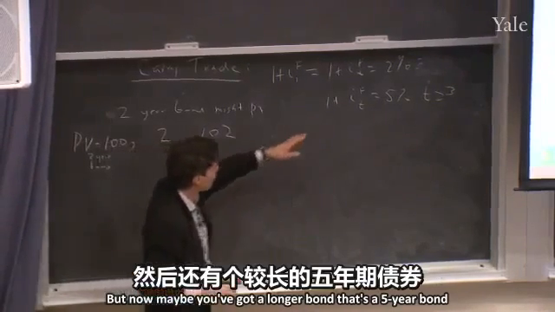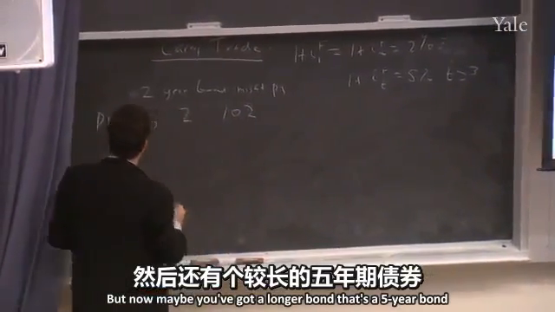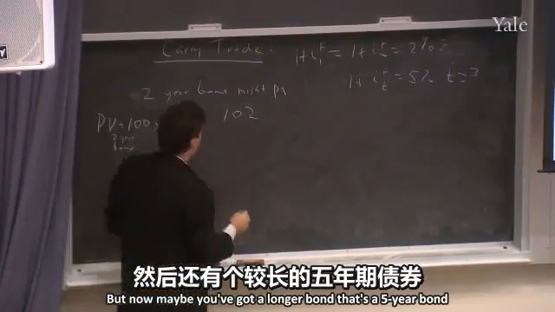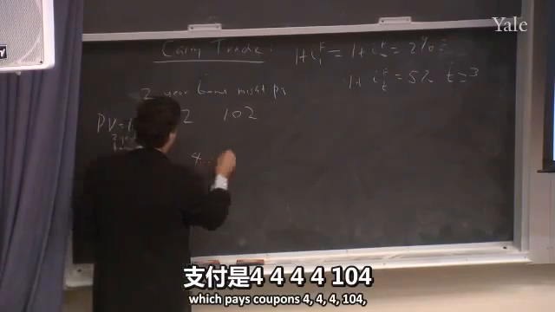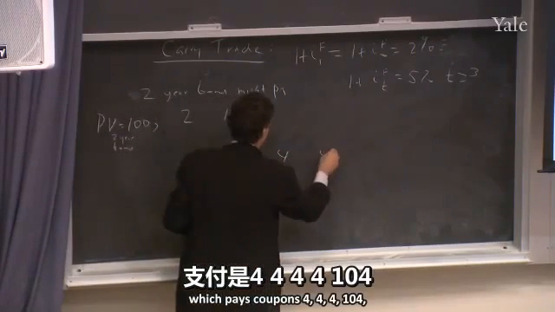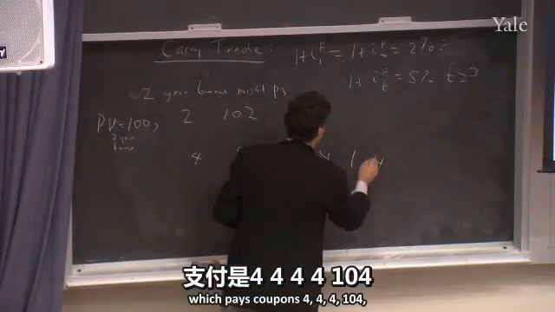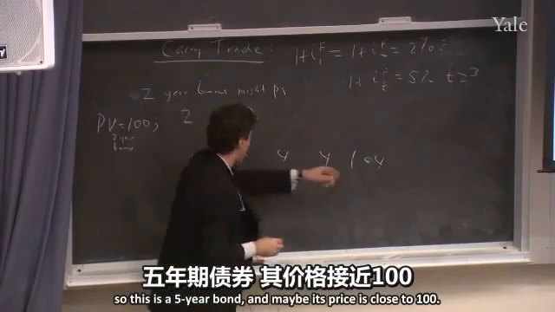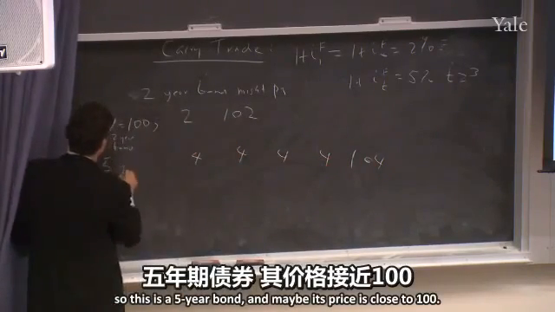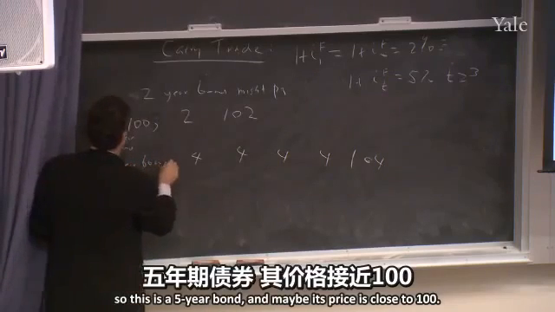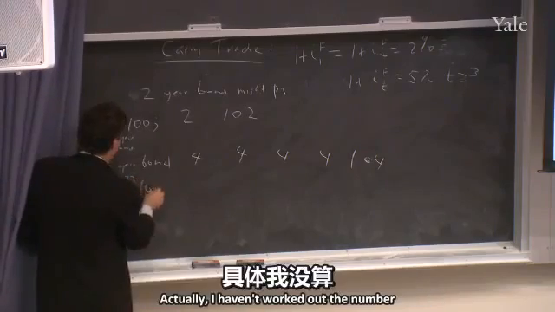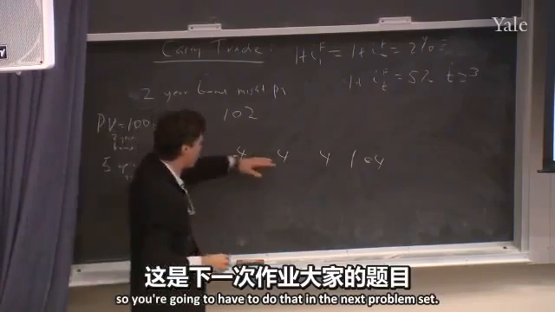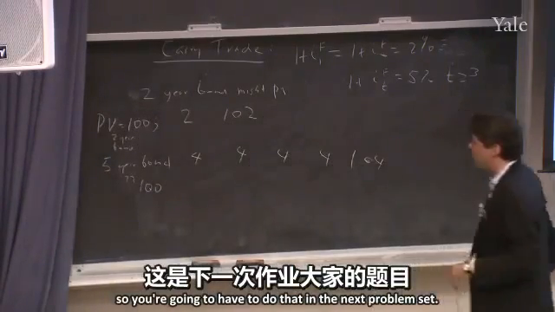But now maybe you've got a longer bond, a 5-year bond, which pays coupons 4, 4, 4, 4, 104. And maybe its price is close to 100. Actually, I haven't worked out the numbers, so you're going to have to do that in the next problem set.